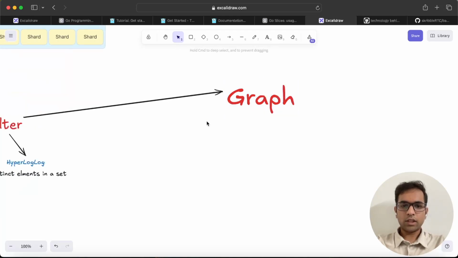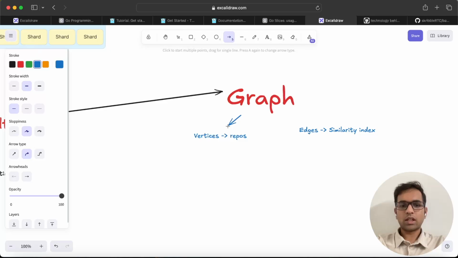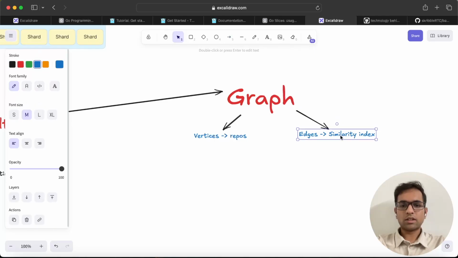Now, how is this graph built? For this graph, the vertices are repos, and the edges, I mean the weights assigned, are the similarity index obtained from the geometric filter. So this graph has two properties: for every vertex, a repo is present, and for every edge, there's a similarity index.